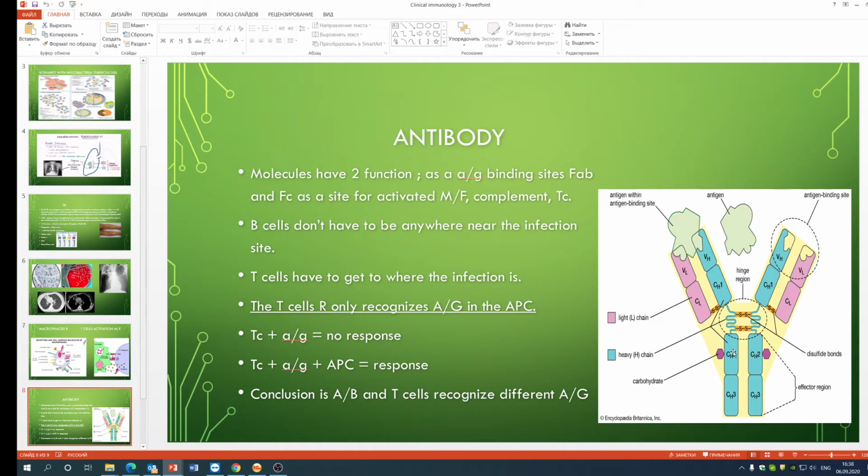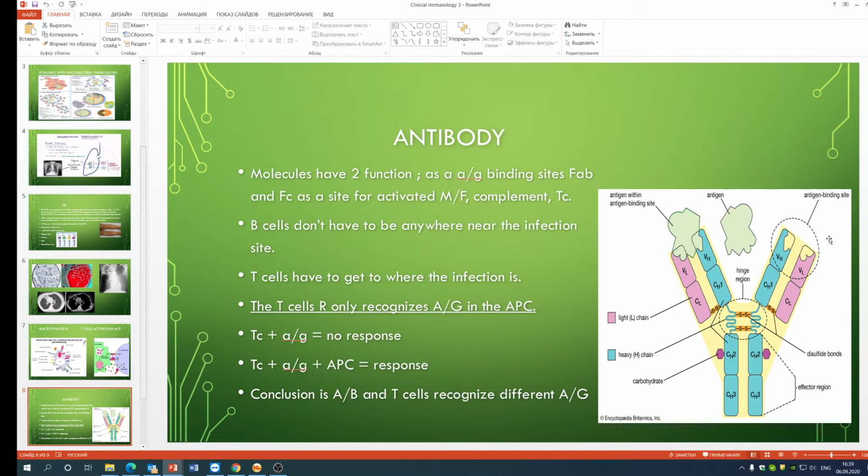B cells don't have to be anywhere near the infected site. The molecule has two functions, including the antigen binding site, depending on which Fab sites the molecule has.